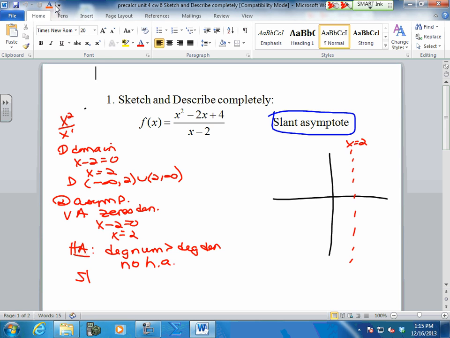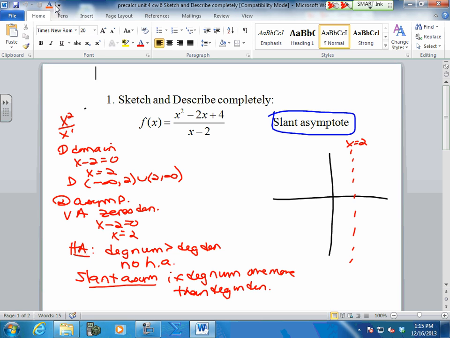A slant asymptote says this. If the degree in the numerator is exactly 1 more than the degree in the denominator, you have a slant asymptote. And this is what we're talking about.